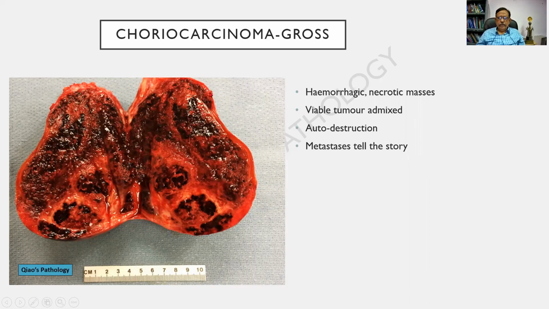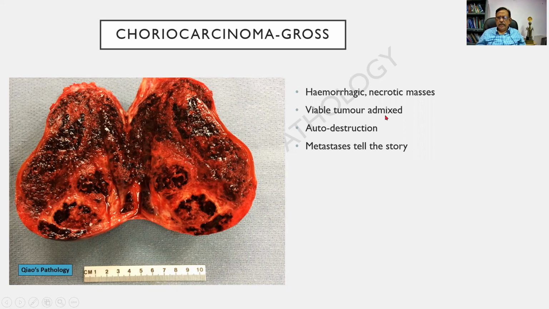A choriocarcinoma. You find that the tumor is ill-defined, somewhat pear-shaped, and the cut surface is solid, hemorrhagic with a lot of necrosis. So these are all areas of hemorrhage and there may be some thin fibrous septae which can be seen.